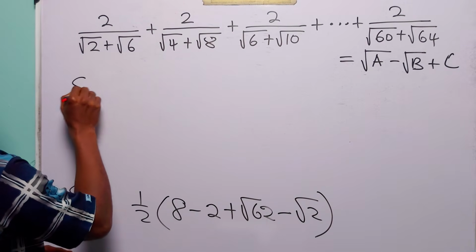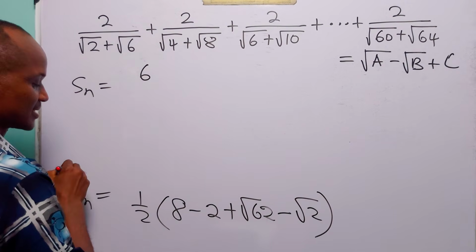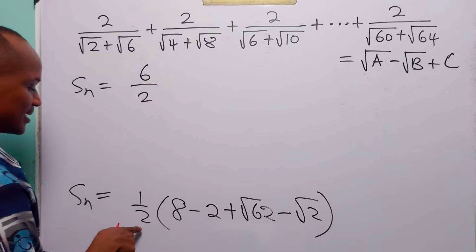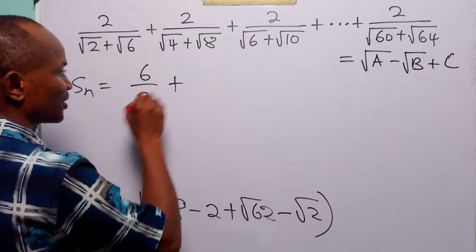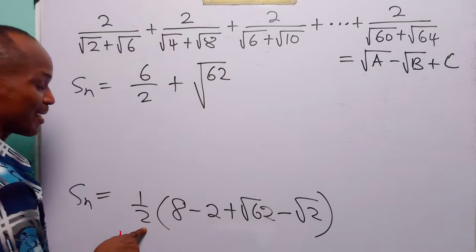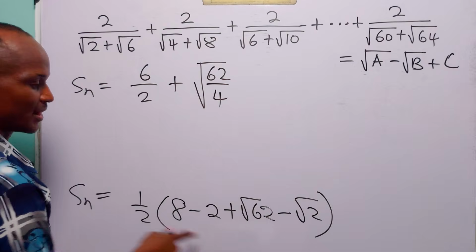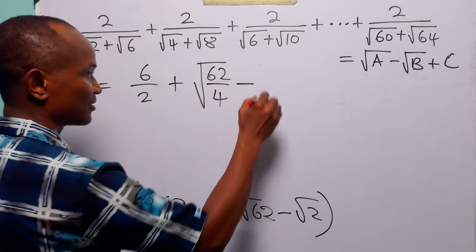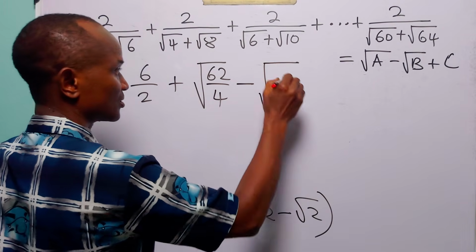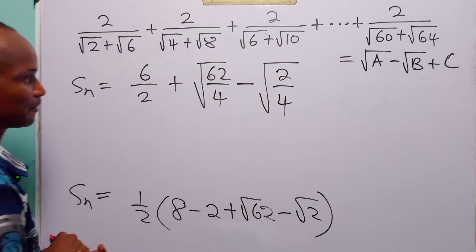Now we have that Sn is equal to 8 minus 2 is equal to 6 divided by 2, plus we have root 62. Remember that 2 is root 4, so this is over 4. And of course we have minus root 2 divided by 4.